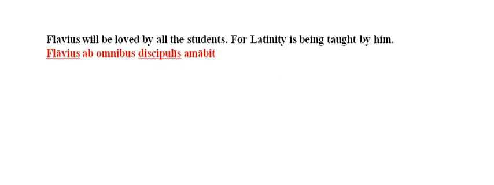So amabit, that's like the active form we learned a few chapters ago. We don't want bit, amabit, but tur, amabitur. Flavius will be loved, amabitur. Flavius ab omnibus discipulis amabitur.